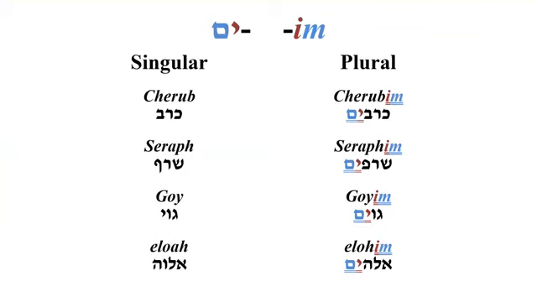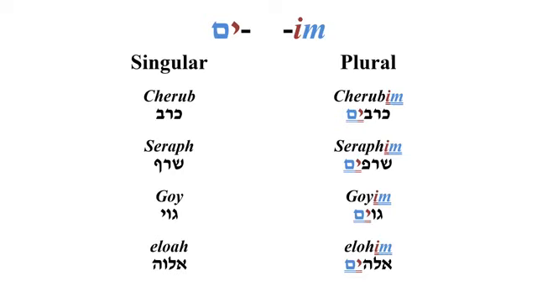There's something I need to explain about Elohim. Notice it ends in a Yud Mem, which makes the sound Im. In Hebrew, masculine plural words end in Yud Mem. You've probably heard some of them yourself.